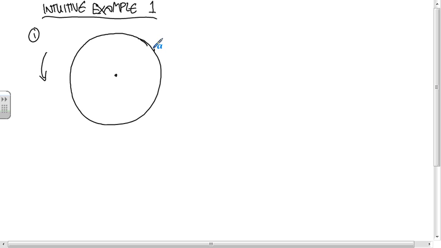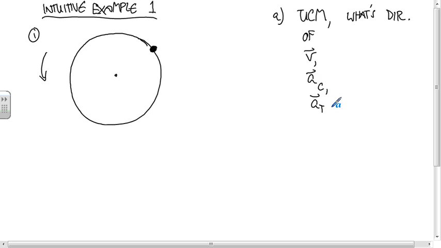And let's say that we're analyzing this point in the circular motion. So first, let's say that it's uniform circular motion. What's the direction of the velocity vector, the centripetal acceleration vector, and the tangential acceleration vector? Okay, so just look at that for a second and see if you can draw those arrows.